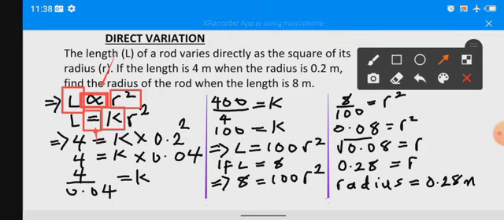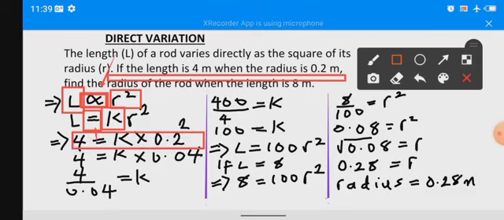Now the next thing is to find the value of K. You find the value of K using this statement, or this clause. If the length is 4 meters when the radius is 0.2 meters, it means that when the length is 4 meters, the radius is 0.2 meters. So that very clause is what we have represented here.